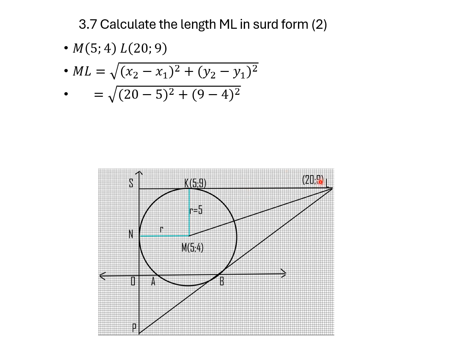So 20 minus 5, 9 minus 4. It gives me 15 squared, which is 225, plus 5 squared, which is 25. 25 plus 225 gives me the square root of 250. And that simplifies to 5 square root 10. That's the length of ML.